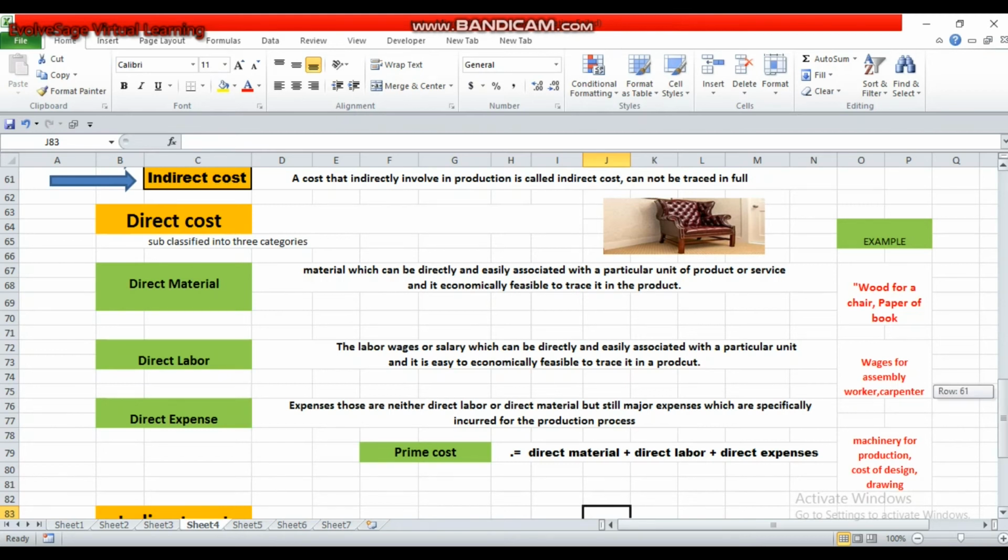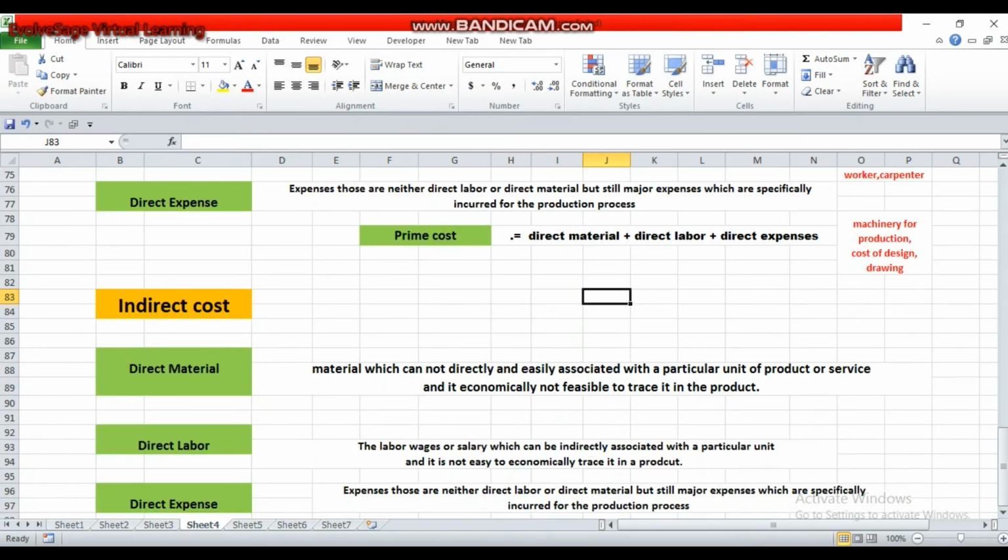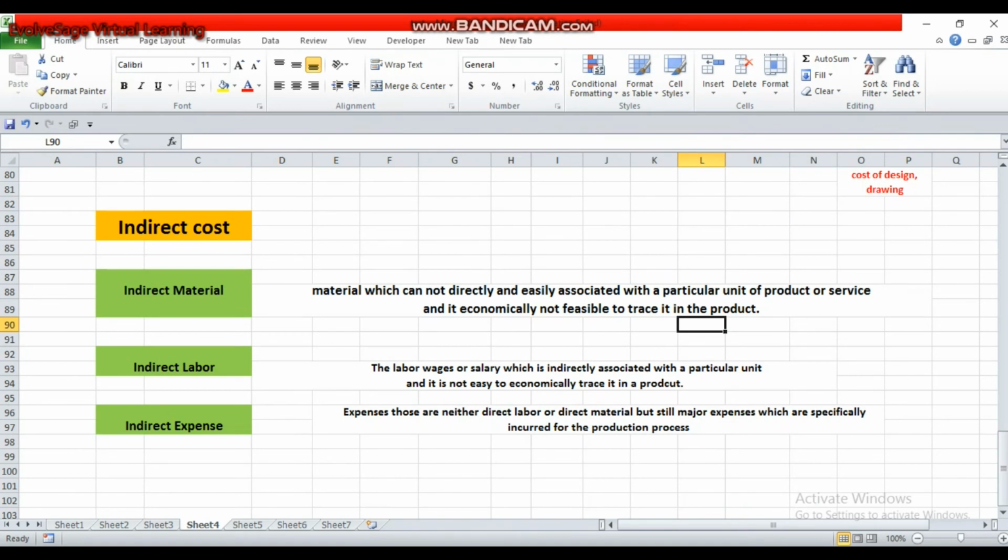So the material which is not traceable for us to identify in a product will be called indirect material. It is not feasibly or conveniently associated with a specific product. It cannot conveniently be assigned to a specific physical unit. So the material which we cannot assign to a specific unit of product will be called indirect material.